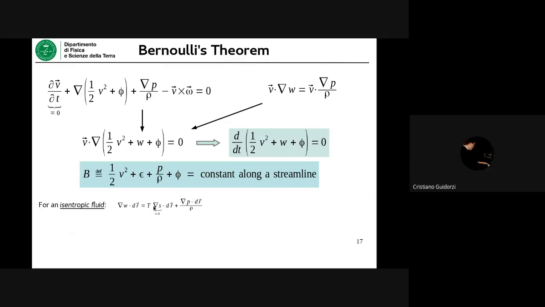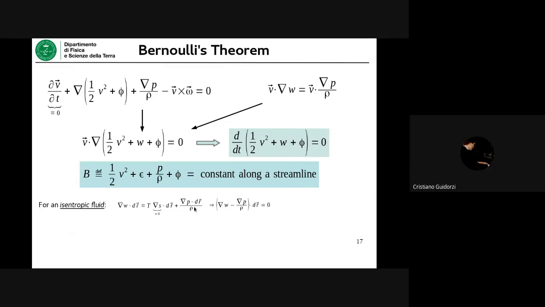It was ds, so ds is gradient of entropy times dr, scalar dr, and so the same works also for the second term. But again, if we are in the isentropic fluid, since S is the same in every point in space, its gradient is 0. So you have just two terms.